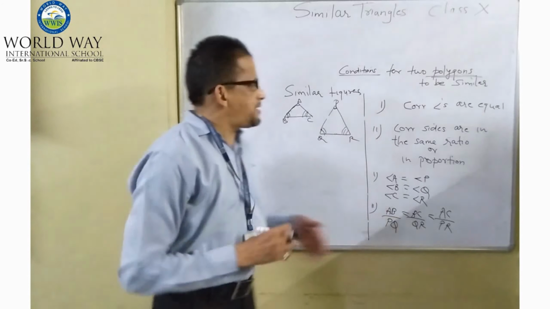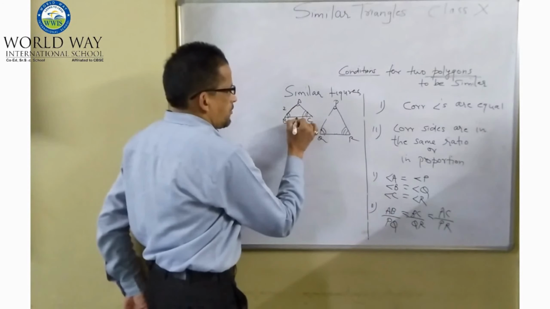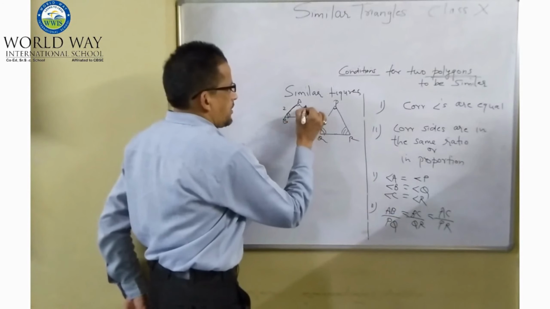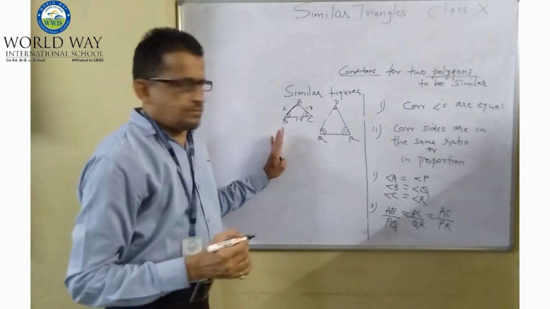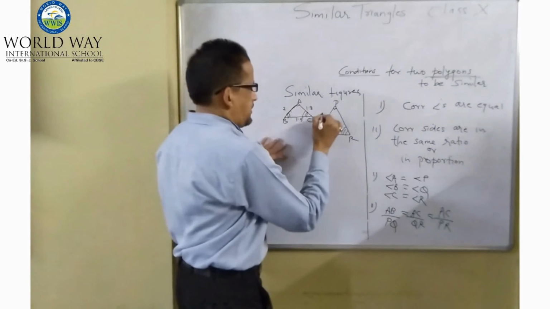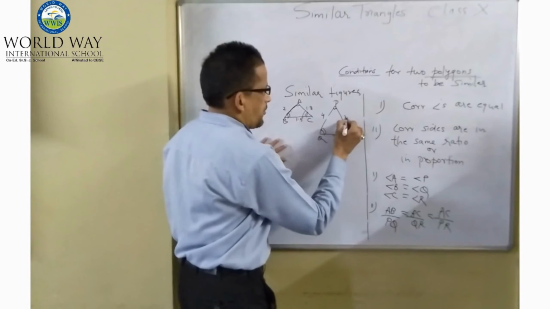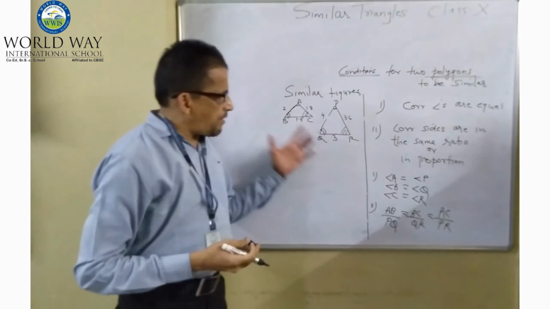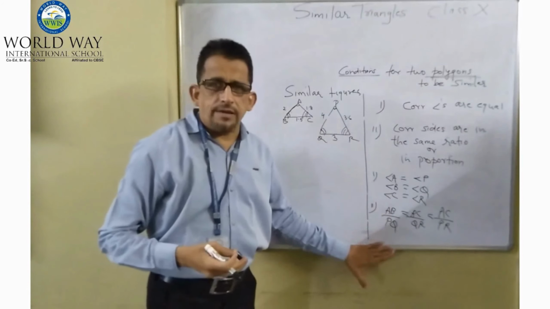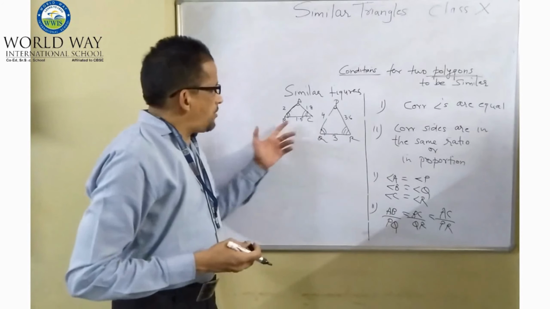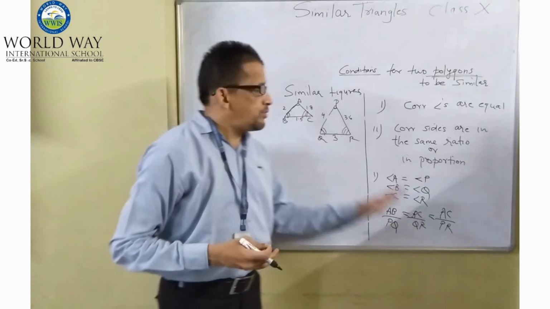Sides are in proportion means, suppose the measurements of these sides are 2, 1.5 and 1.8, and the other sides are 4, 3 and 3.6. When we find the ratio AB upon PQ, 2 upon 4, simplified the answer will be 1 by 2. BC upon QR, 1.5 upon 3, again the answer is 1 by 2.